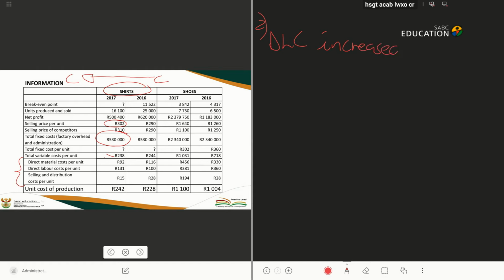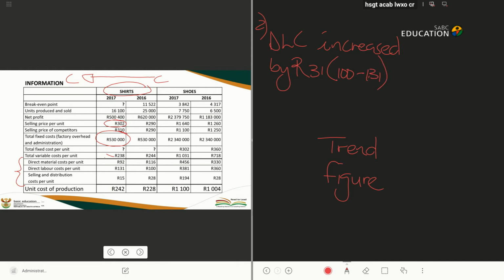Here, my dear learners, it's very important. When you talk about the trend, don't forget about the figure. Number 1, it has increased. By how much? It was 100, it is now 131. It means it has increased by 31 rand, from 100 rand to 131.